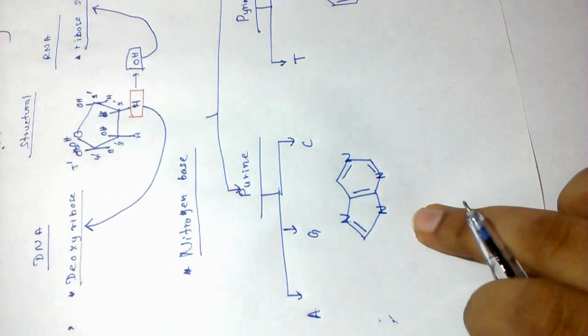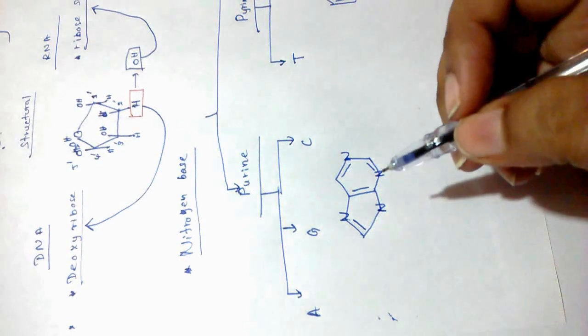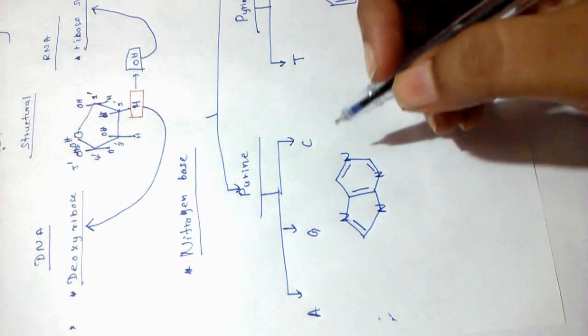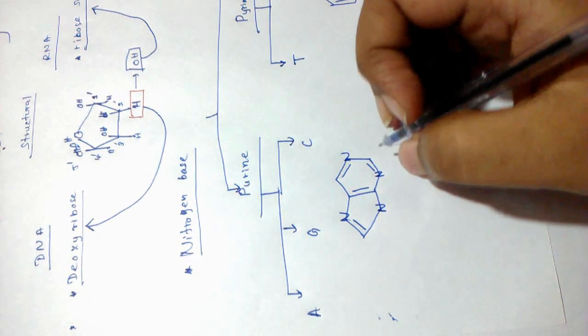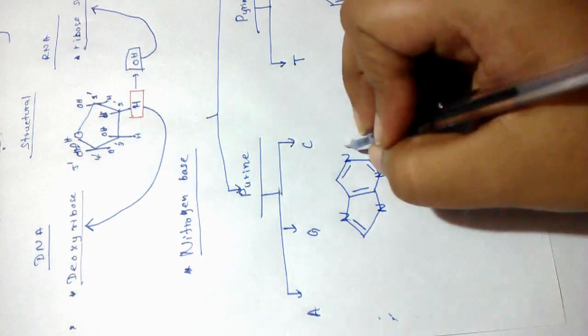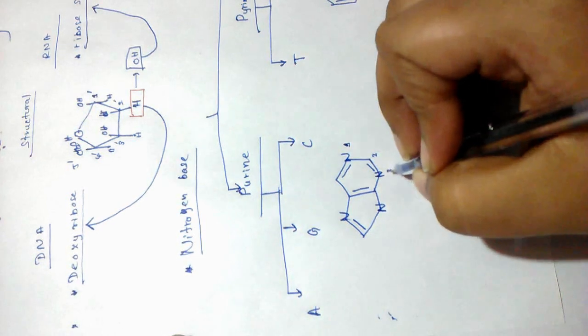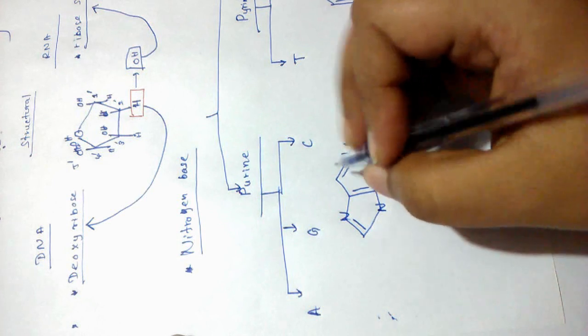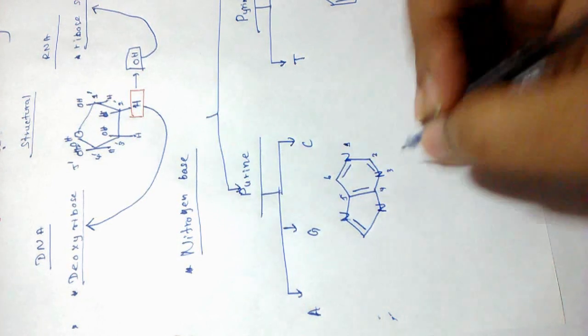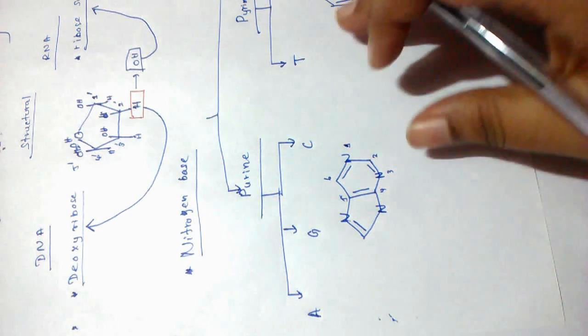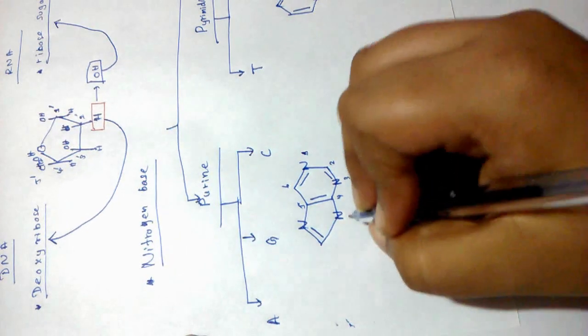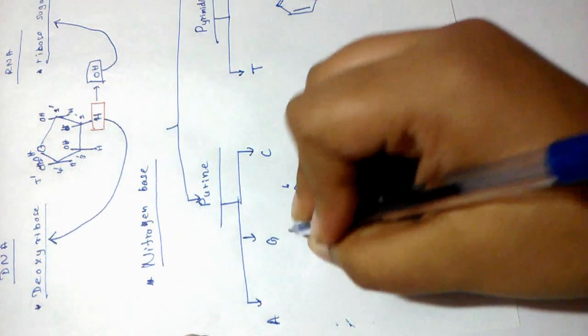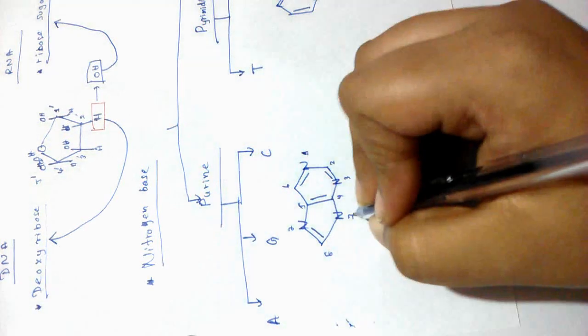First, a purine base. In this part, for the 6 carbons, the numbering is 1, 2, 3, 4, 5, 6. This is the hexagonal structure. And 7, 8, 9.